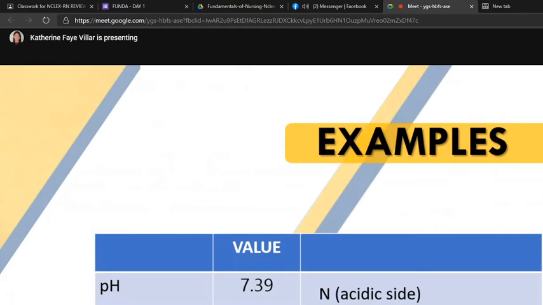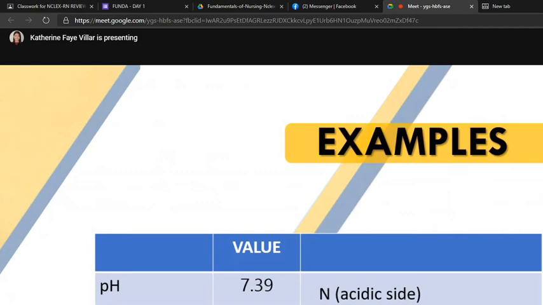Kapag lumabas po for example na 7.41 yan, di ba? That's towards the alkaline side na. Ang tendency niyan, ang magiging result mo na ay metabolic alkalosis na siya. So always remember that yung pinaka standard value or pinaka average for pH is 7.40.